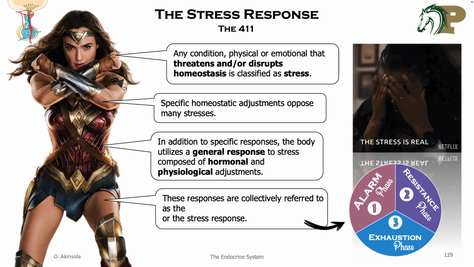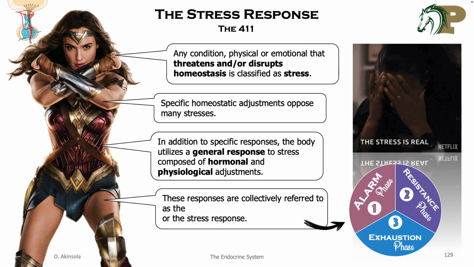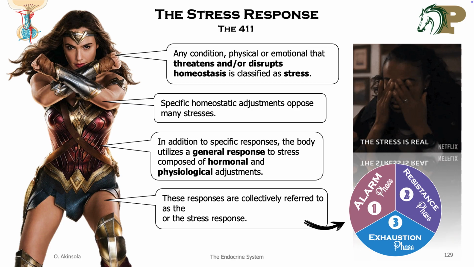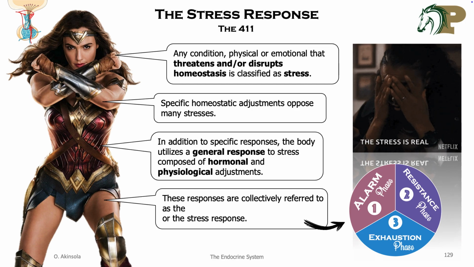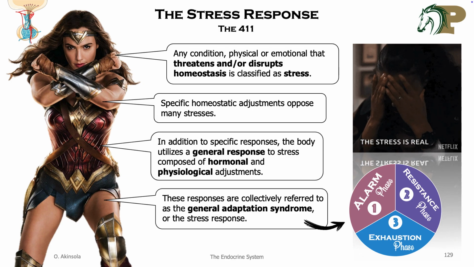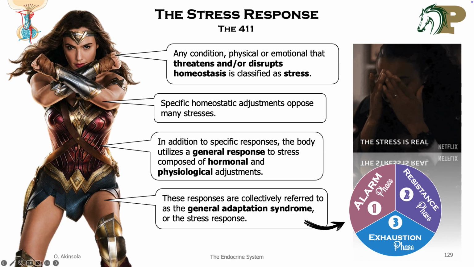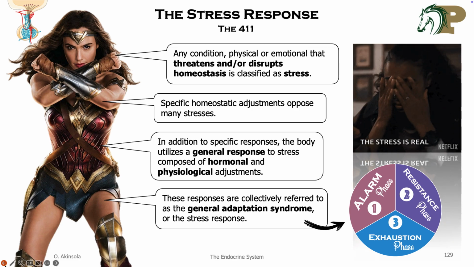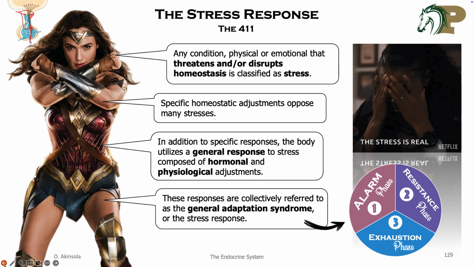So the body has a way to essentially respond to stress in any form that it may take. These responses are collectively referred to as the general adaptation syndrome or the stress response. And the stress response is going to have 3 phases, which we are going to go through right now.